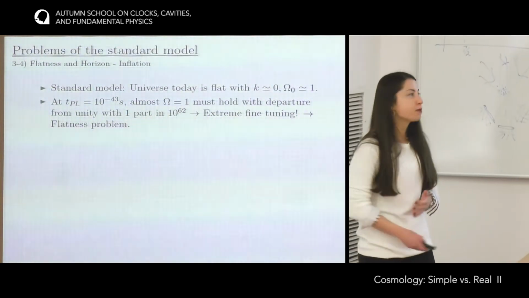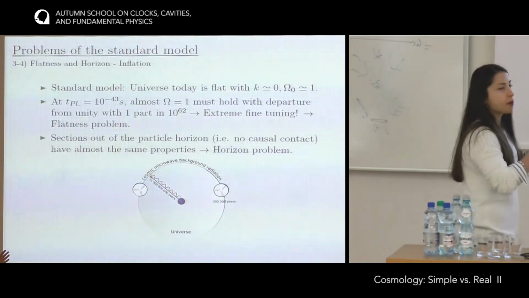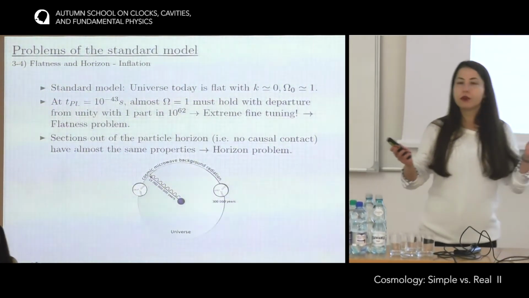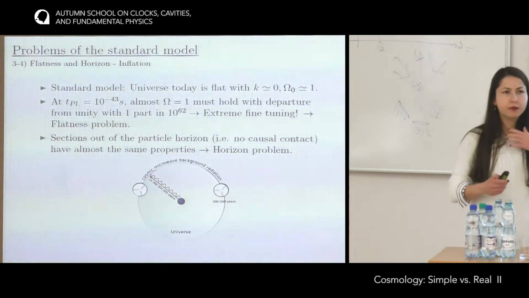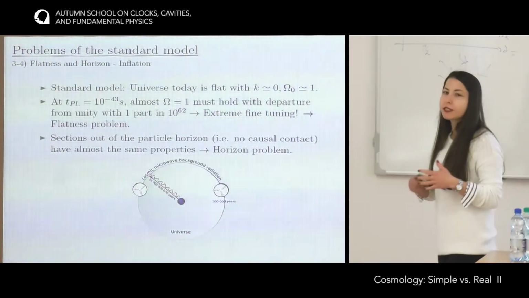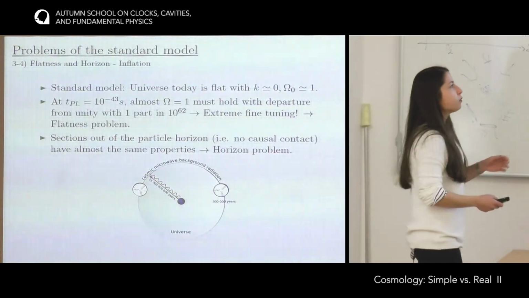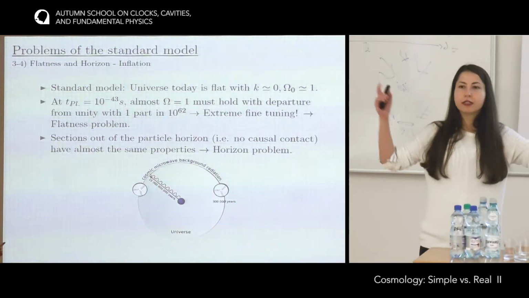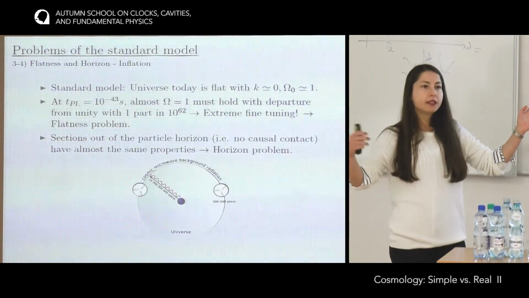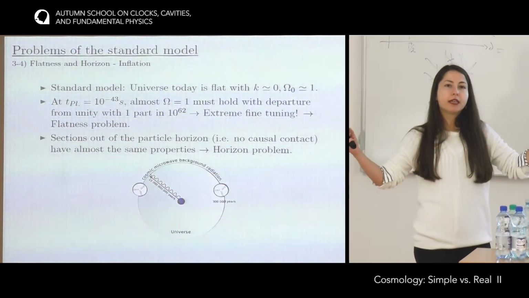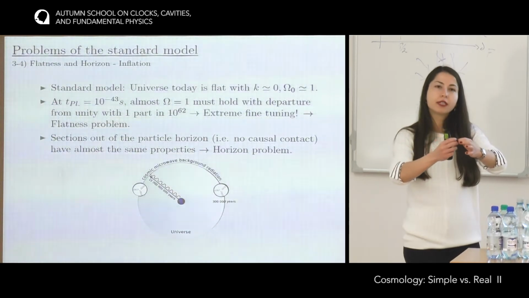People didn't know how to explain it. And then when you look at the cosmic microwave background radiation, I said that you can look in any direction and you expect an isotropic distribution of temperature, right? But when you look in one direction and then another, very far away from each other, and you calculate, you realize that those regions were never causally connected.